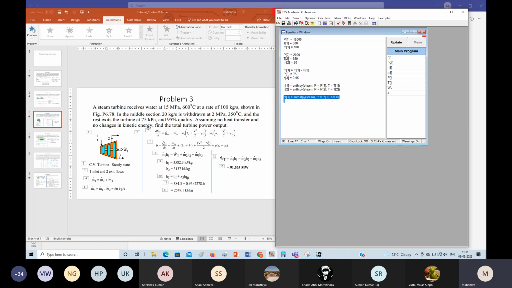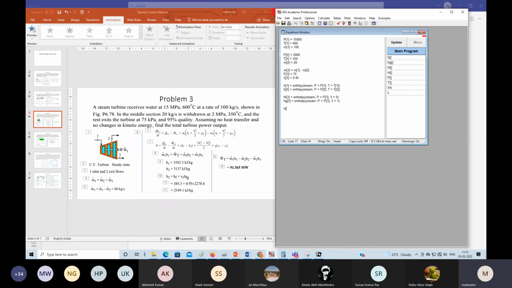Now in similar fashion, HG means enthalpy of saturated vapor. Here this is 1. Fine. Okay, then those we are finding out.